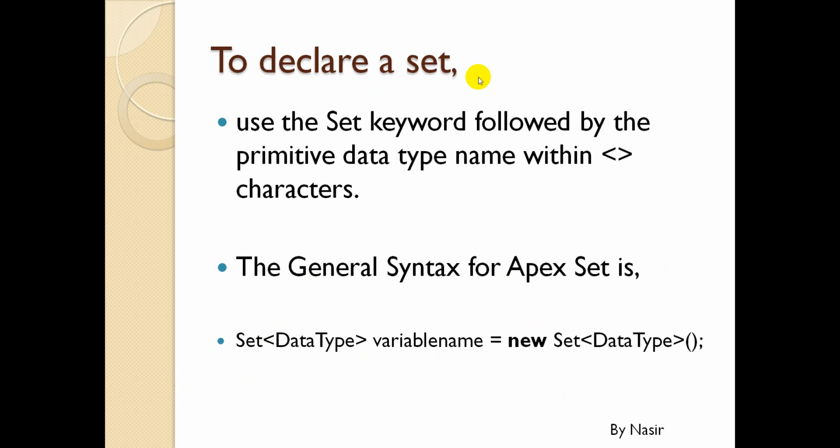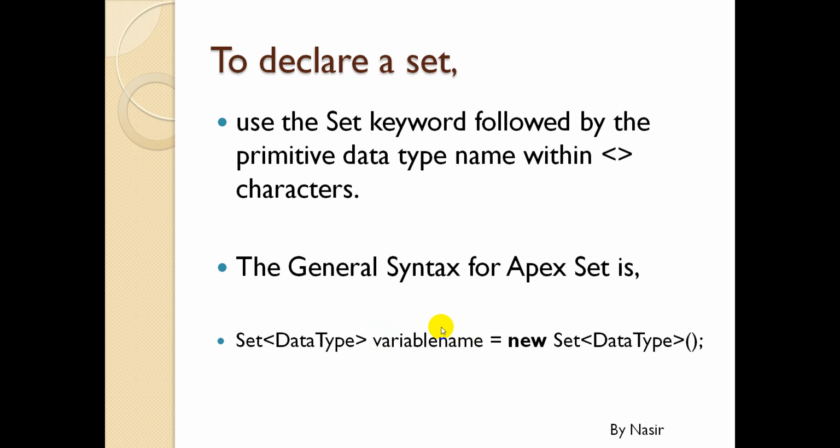To declare a set, use the Set keyword. The general syntax of an Apex set is: you use the keyword Set, and between the angle brackets you write the data type, which can be Account or another object, or a data type like Integer or Decimal, and then the variable name.